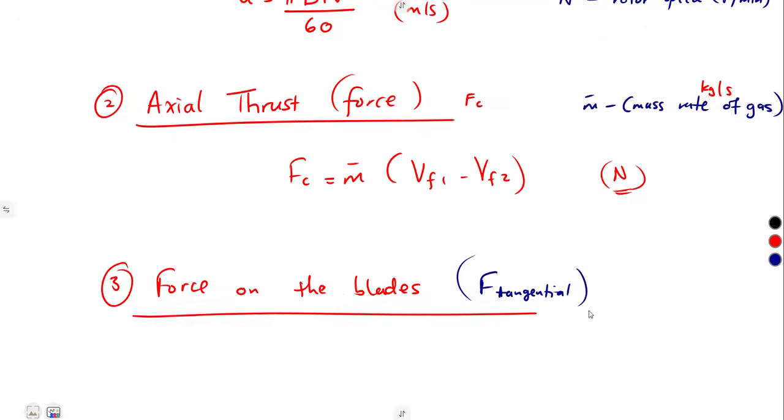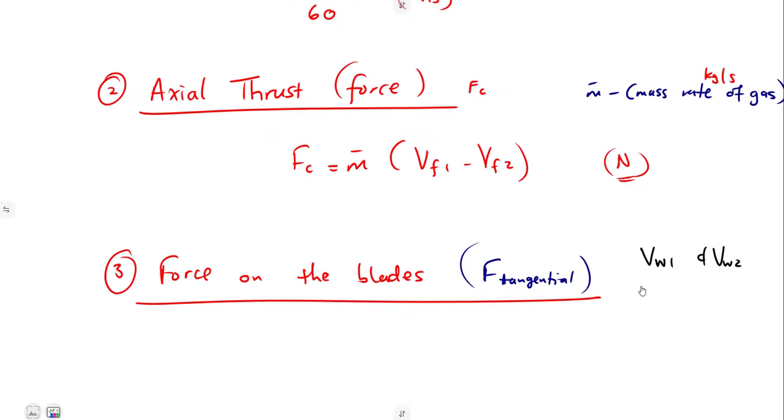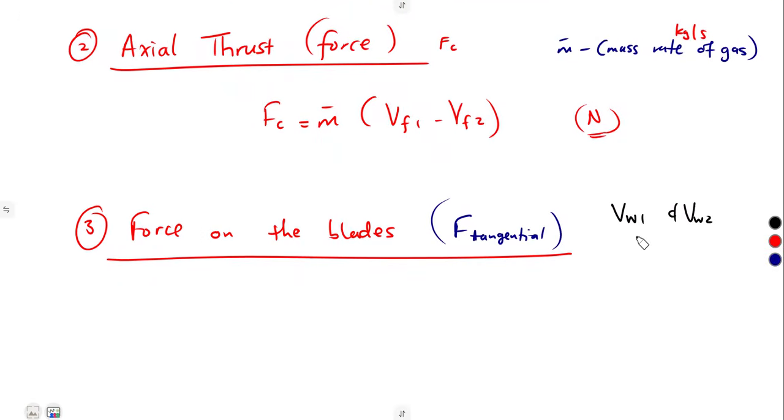So remember, we referred to this part of the tangential velocities before, when we said we've got the components, I mean the tangential component, where our tangential component is what? Is the VW1 and what? VW2. So meaning to say the tangential force has to be taken from those tangential components, VW1 and what?